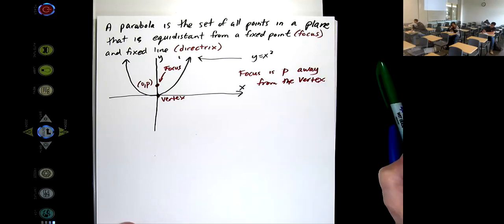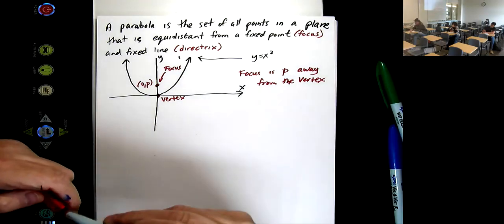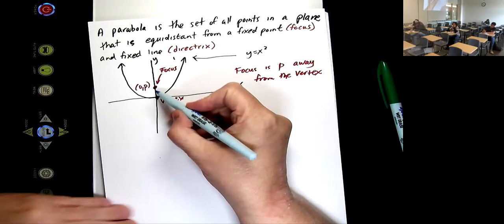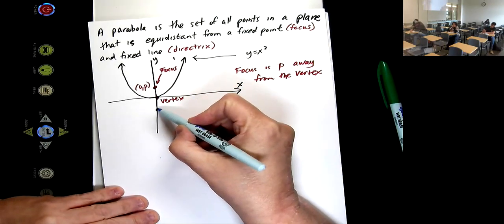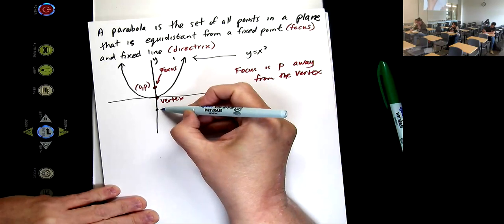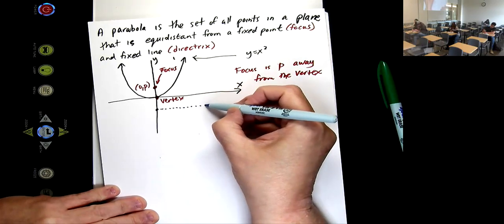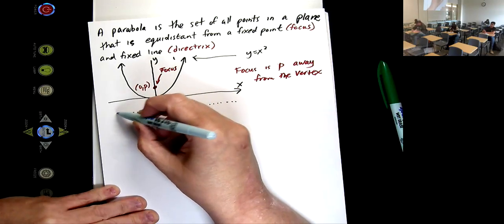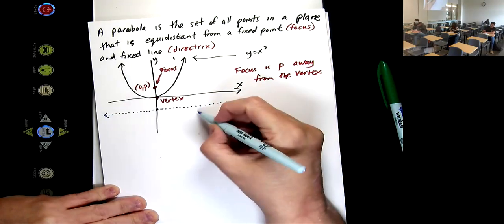This holds true when we do left and right also. Then go the exact same distance below it on the other side. And I'm making it dotted because the line isn't really on the graph, but this is the directrix.